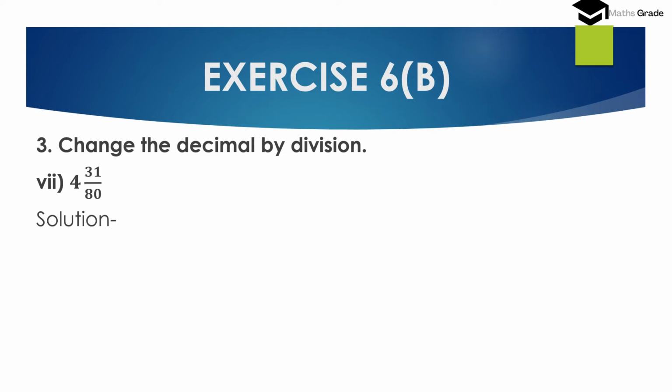Now question number 7th bit, 4 31 divided by 80. We can write 4 plus 31 divided by 80. Now divide this fraction 31 divided by 80 to convert to decimal. So we can write 31 as 31.000 divided by 80.